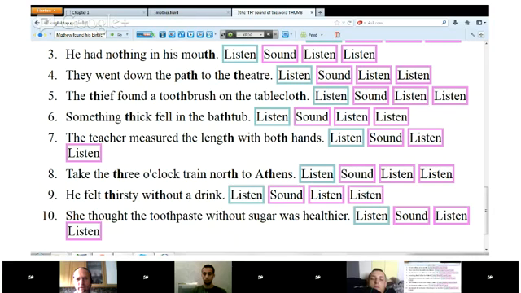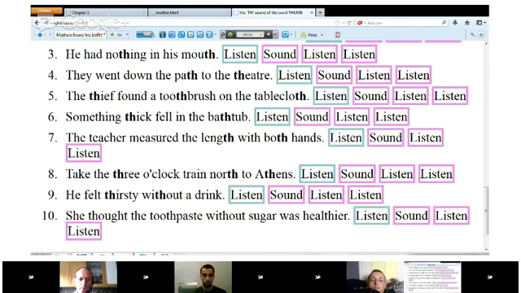So this word measured is a bit tricky because it's strange. It's got the e and then the je, measured. So I let you off that one because you probably can read it incorrectly sometimes if you don't know. The teacher. Now we say the before t, the teacher, but we say the before apple, the apple. So the teacher measured the length with both hands.